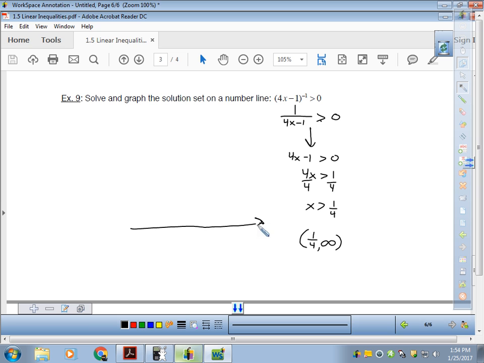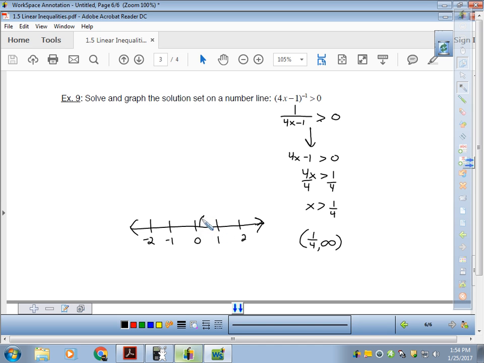Graphing it on a number line. So this is negative 2, negative 1, 0, 1, 2. 1/4 is going to be here, a quarter of the way between 0 and 1.